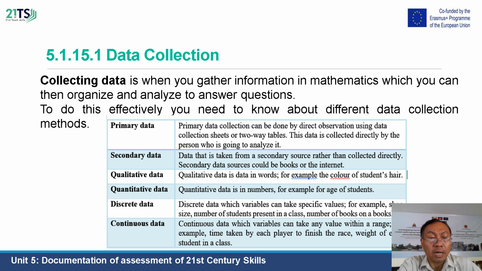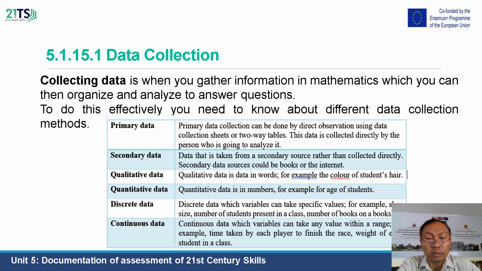Primary data collection can be done by direct observation using data collection sheets or two-way tables. This data is collected directly by the person who is going to analyze it. Secondary data is taken from a secondary source rather than collected directly.